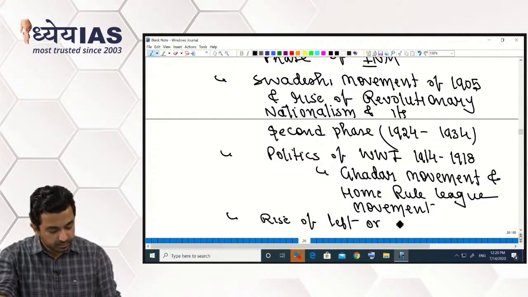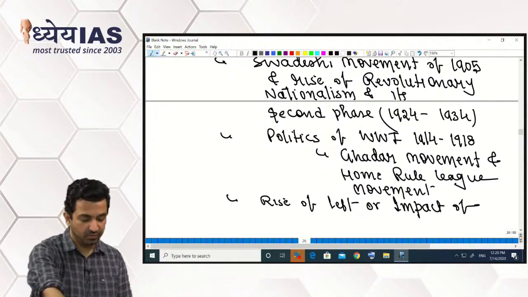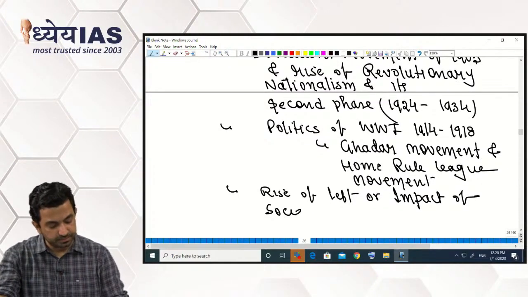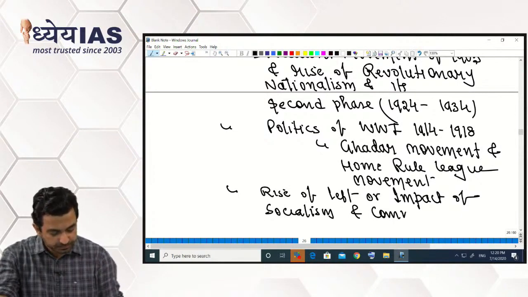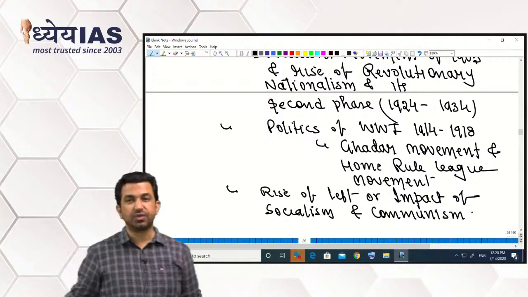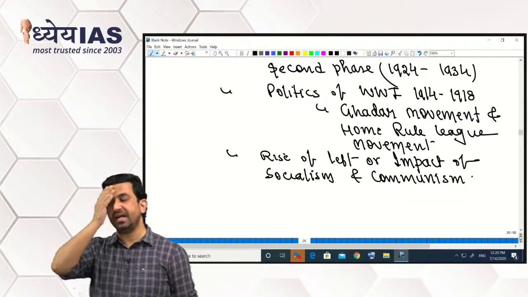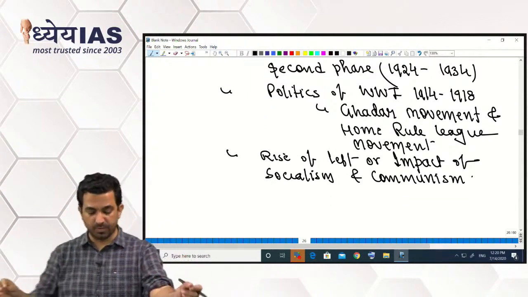And rise of left, or impact of socialism and communism in the politics of India, Indian national movement.